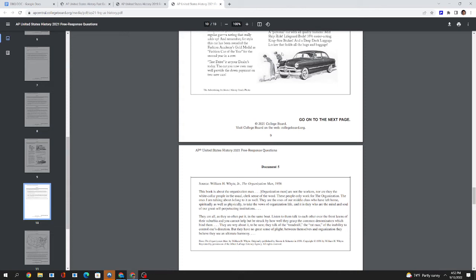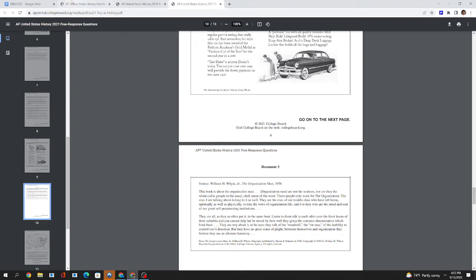The problem a lot of students face is that on DBQs, they try to trick you, because they will give you passages or photos that sometimes contradict one another. There's 7 documents, 3 documents might go one way, 4 documents might go another way, and it's your responsibility to pick and choose which documents you have to use for your essay.